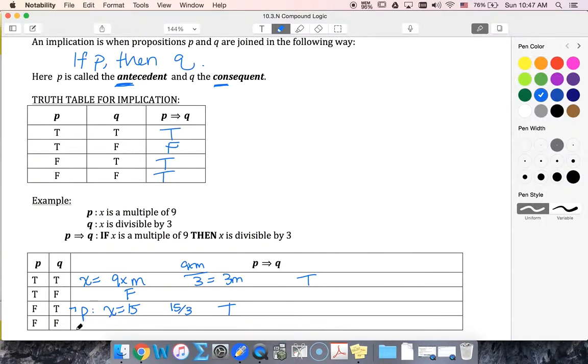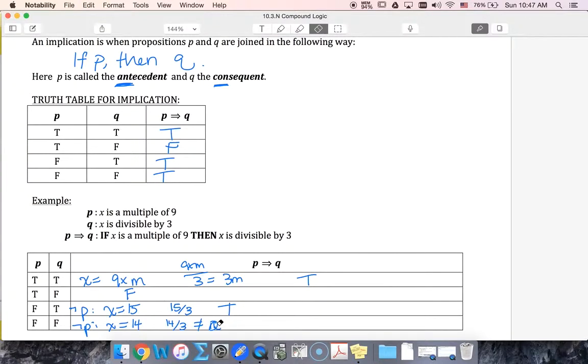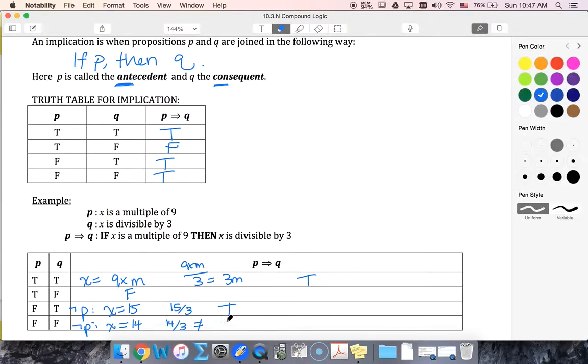So my if P is false, then Q is true, that's a true possibility. But I could also think of another example. For example, I could have said not P has an X of 14. So this is not a multiple of 9. It's also not divisible by 3. That does not equal an integer. It's a rational number, but it's not an integer. So it's not divisible by 3.